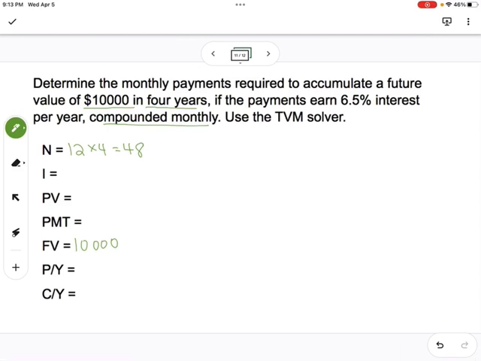Our interest, we keep the percent, and that is 6.5. Our present value is the amount we're starting with, which is 0. Our payments and our compounding periods per year are monthly, so we say 12 again here. We are going to solve for our monthly payments given these numbers.